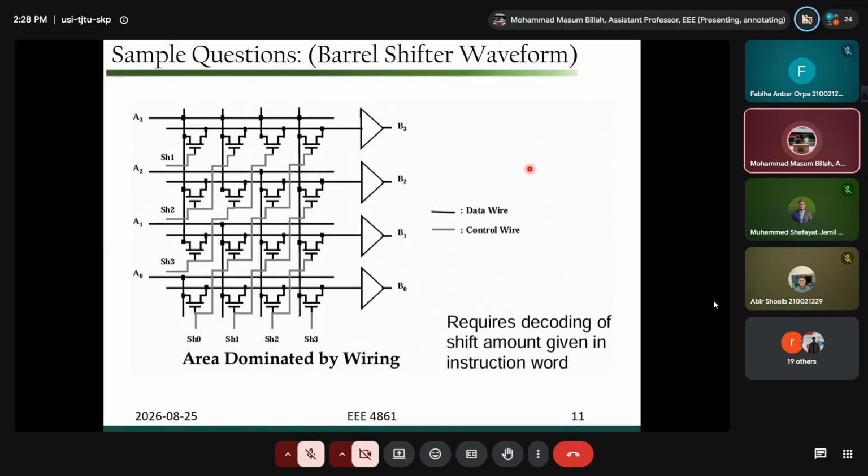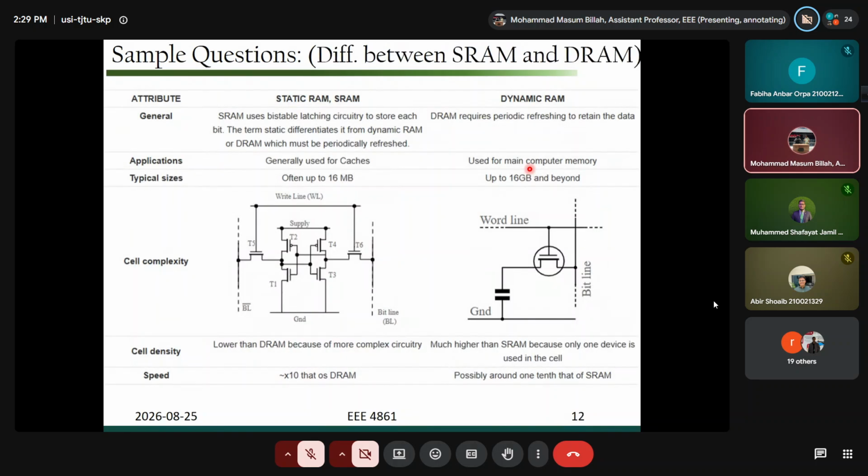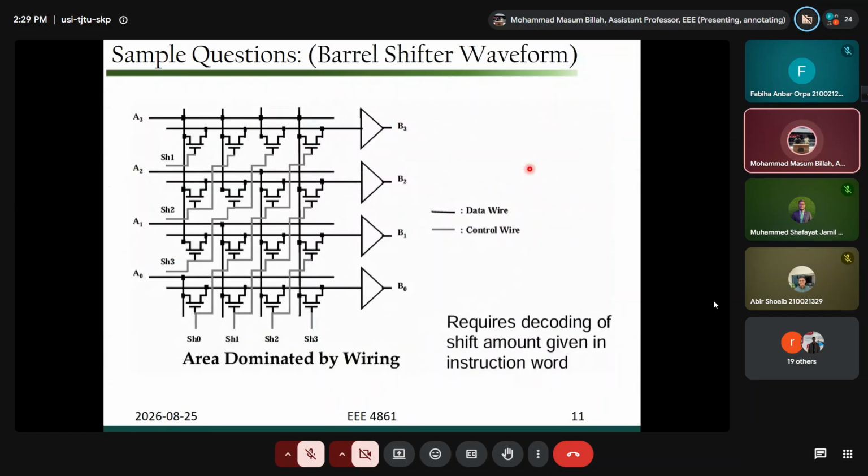They are not straightly connected, they are crossly connected. So for the barrel shifter, how A3 will be shifted based on the shift command, like 1 bit shift, 2 bit shift, 3 or 4, depending on the values in SS0, SS1, SS2, SS3. Please study those topics carefully. So I completed 3 question related topics.